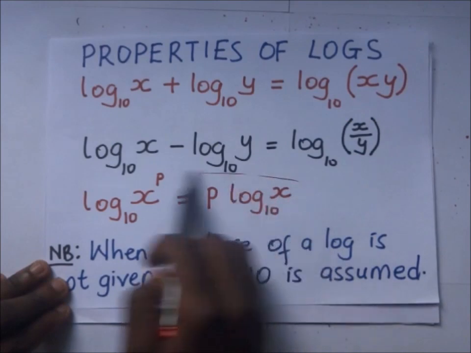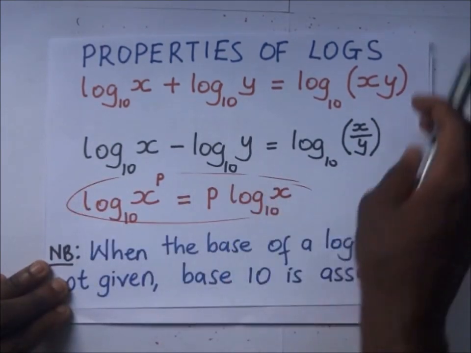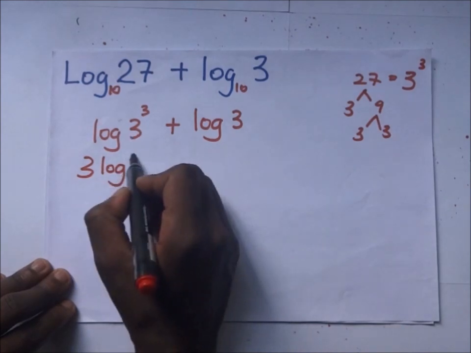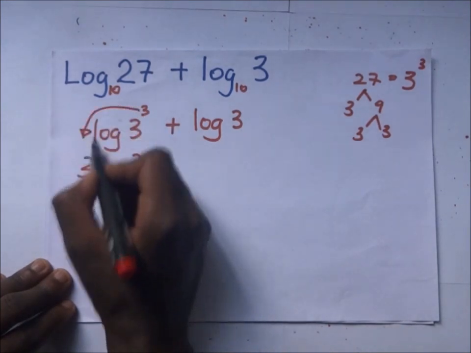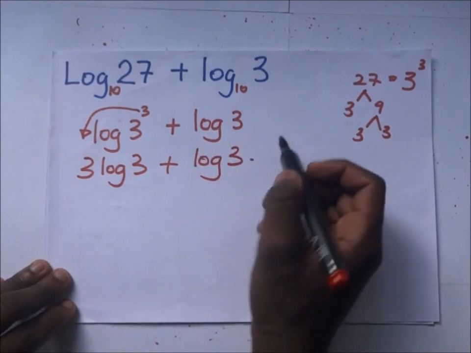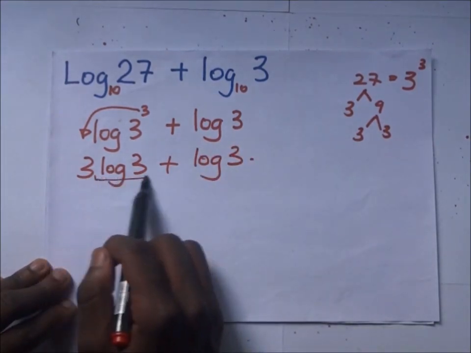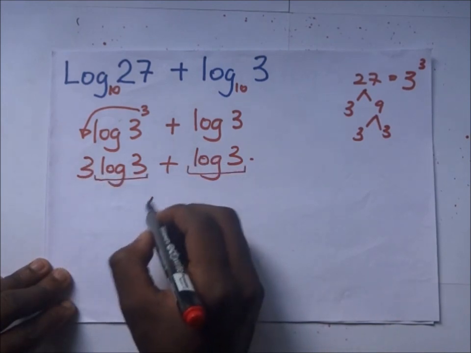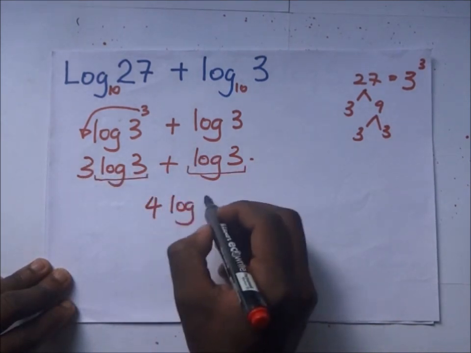Now, using this property here, it's going to become 3 times the log of 3. This 3 comes right there, plus the logarithm of 3. And of course here it's like saying 3x plus x. So 3 log 3 plus log 3 is going to give us 4 log 3.